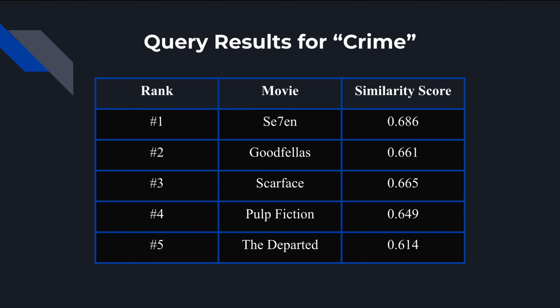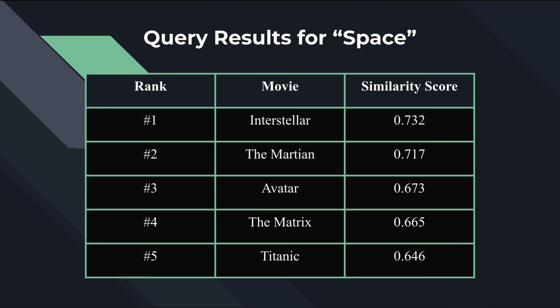Then, when querying for the word crime, the 5 most similar movies are Seven, Goodfellas, Scarface, Pulp Fiction, and The Departed, which all come from the crime and thriller category. And for the word space, the most similar movies are Interstellar, The Martian, Avatar, The Matrix, and Titanic, which are mostly all science fiction and action films as expected.